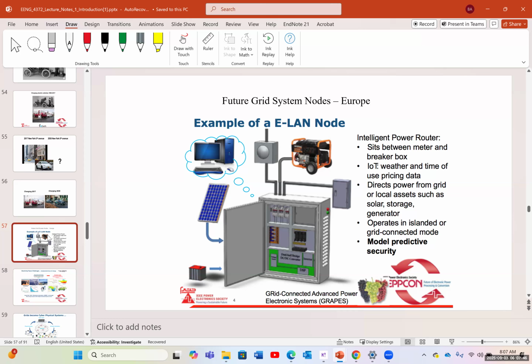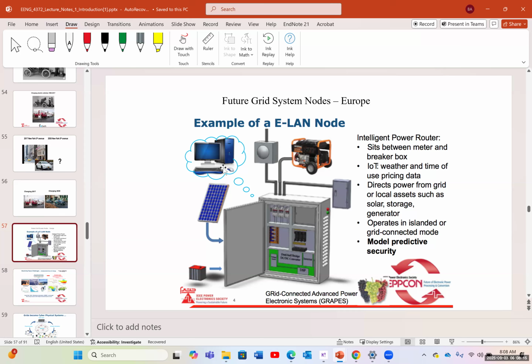A grid-tied system could be a home that has solar panels on the roof and a two-way meter. During the night, when we don't have any solar power, it buys power from the grid, and during the day, when it has excess energy, it can sell energy back to the grid. And we have the model predictive security systems as well.